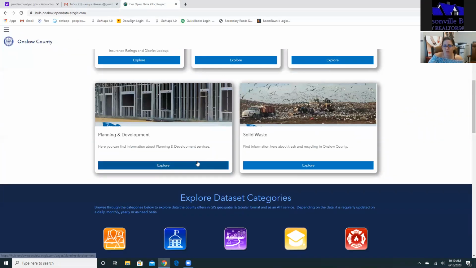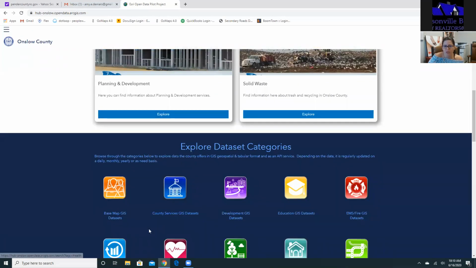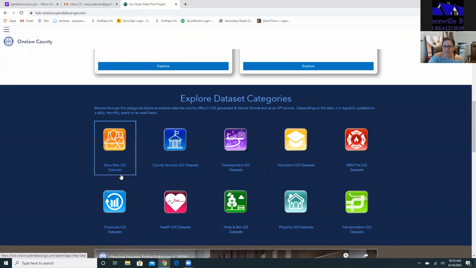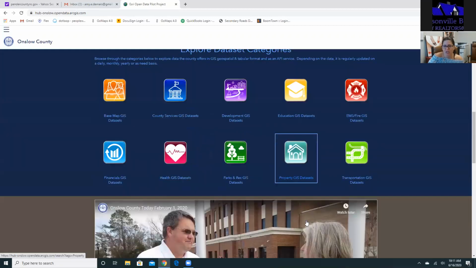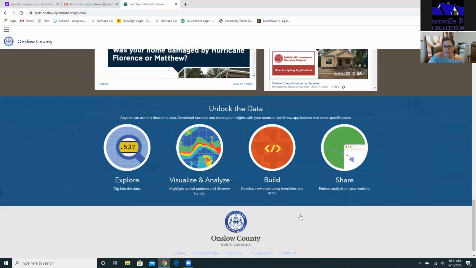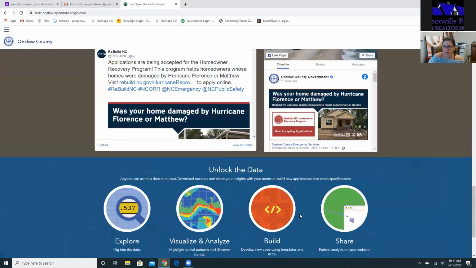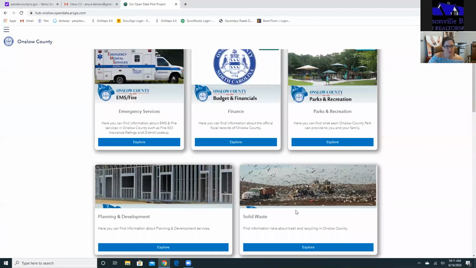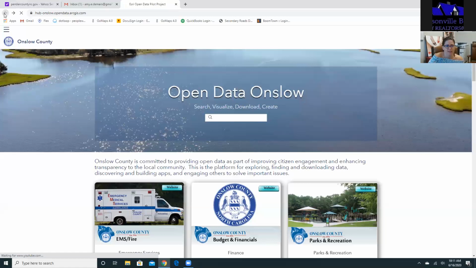So if you wanted to know what roads projects are going, anything like that, this is a great resource for you. And they've got the base GIS data sets. They've got Onslow County Services, education. If there's anything that you need, this is just a super, super great little click, and you can just explore that to your heart's desire because there is tons and tons in there.